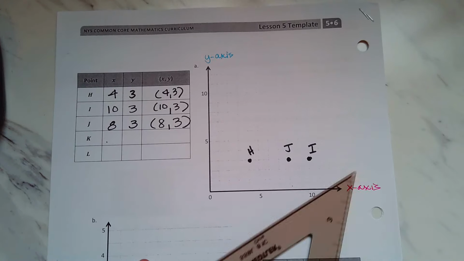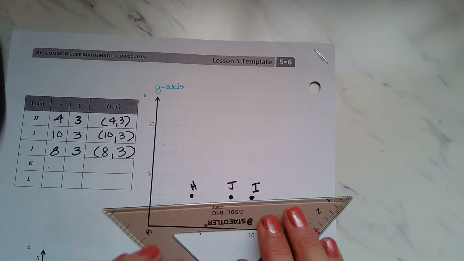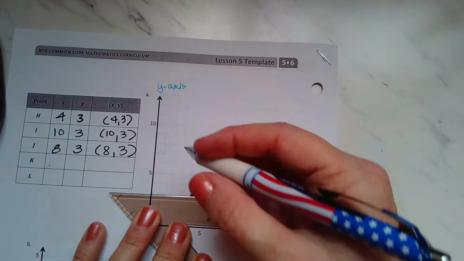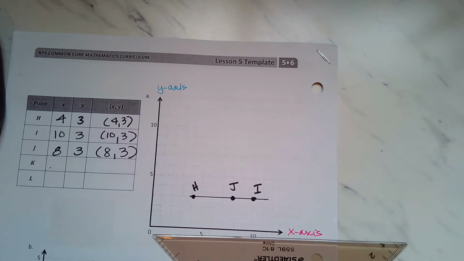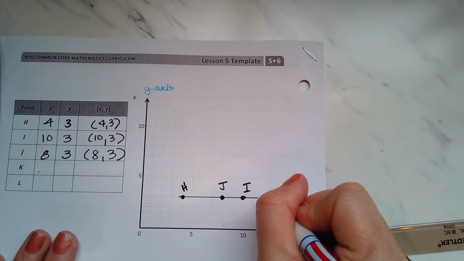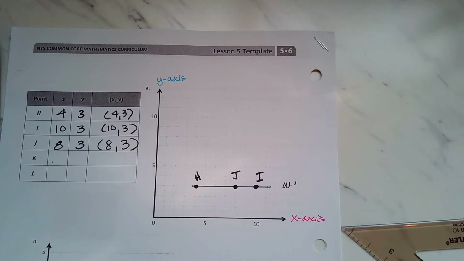Now, I'm going to use this straight edge to draw a line across and connect those points. Okay, so we just drew a line and it went through H, I, J, and we're going to label this W, like a fancy W. What do you notice about line W?